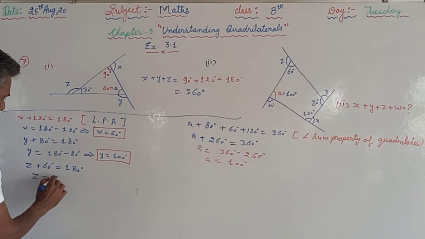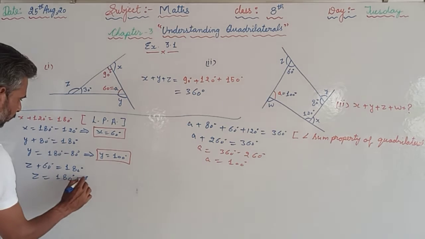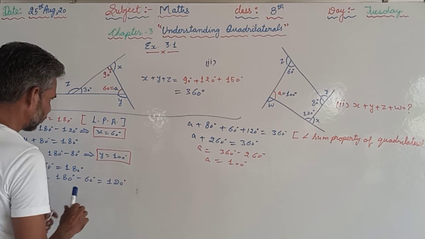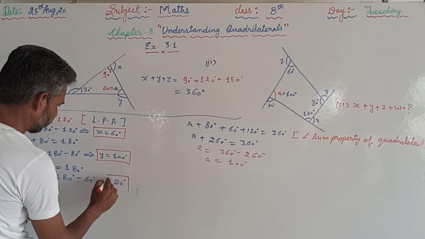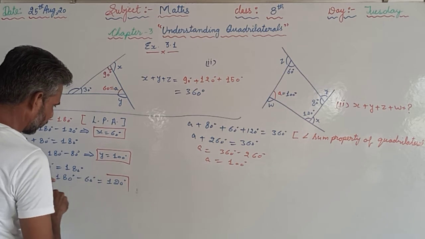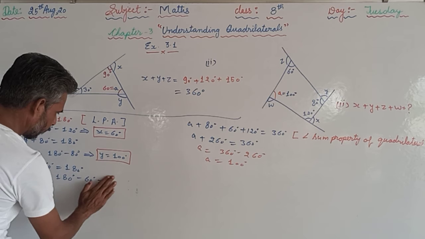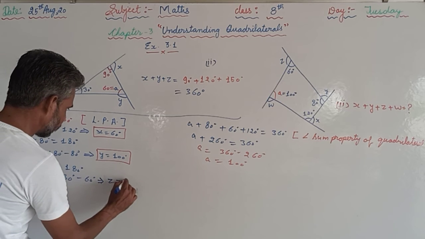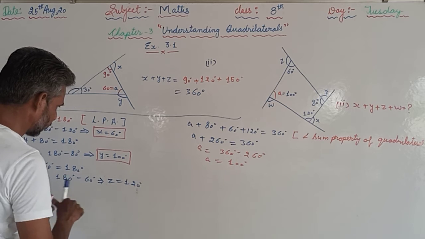From here z is equals to 180 degree minus 60 degree, that is 120 degree. We will write the value of z is equals to 120 degree.